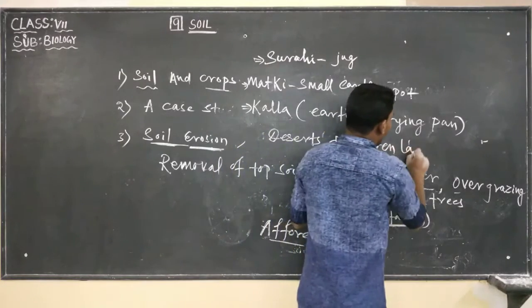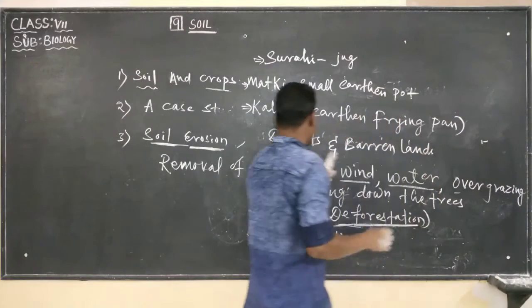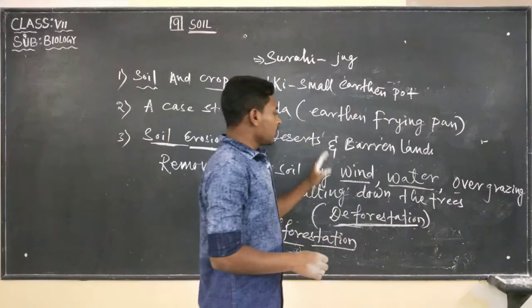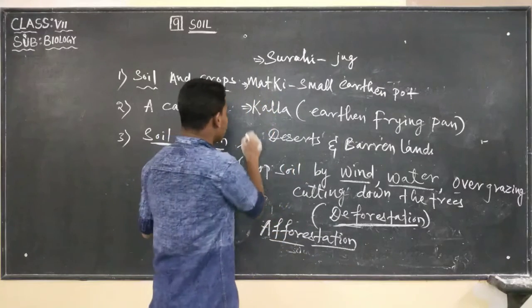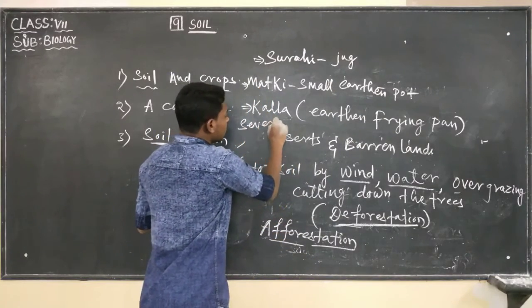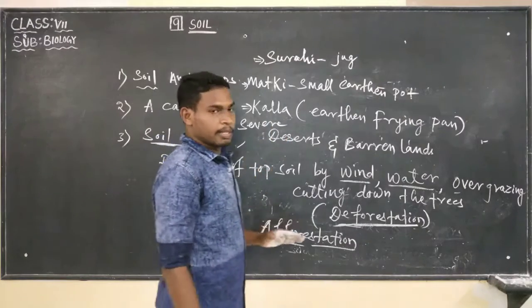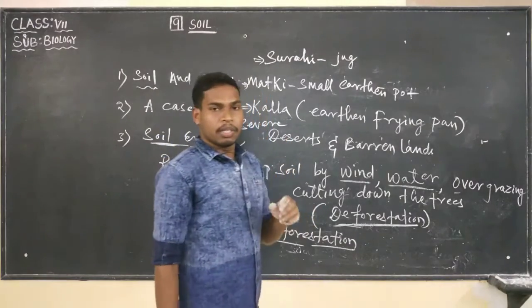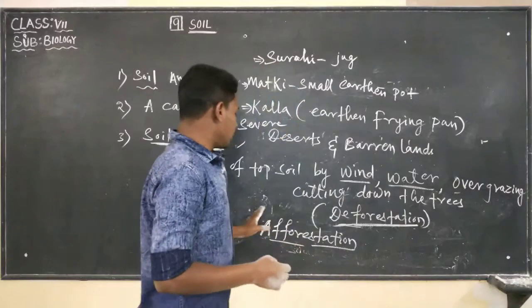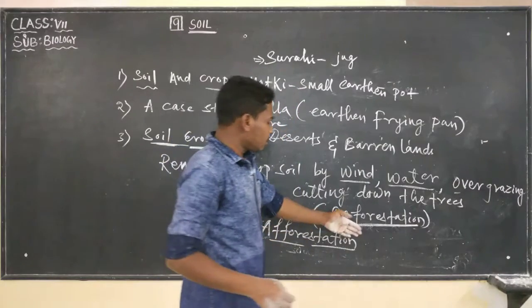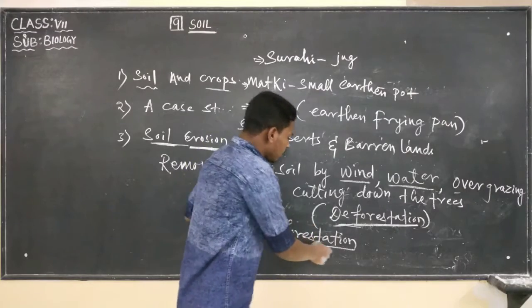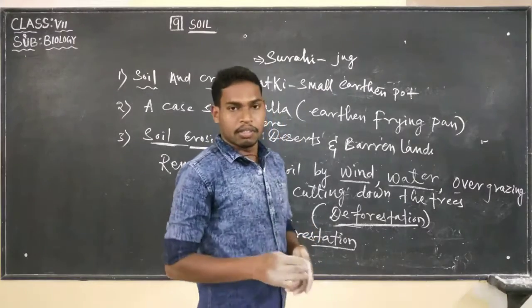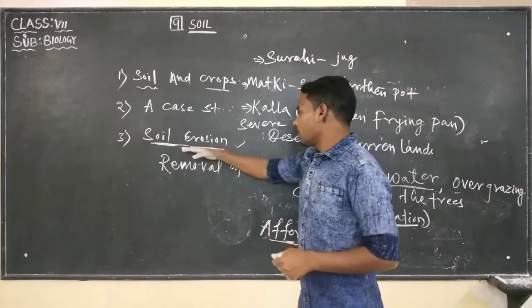In these types of areas, very severe soil erosion takes place. Okay, that's why we need to practice afforestation in place of deforestation. So these are the points that we should ensure to prevent the soil from getting eroded.